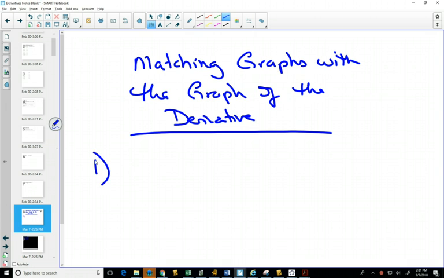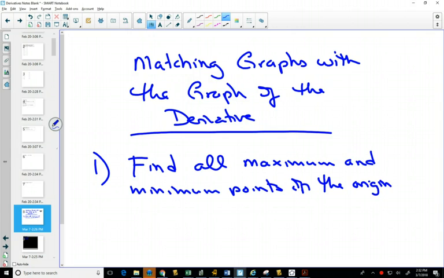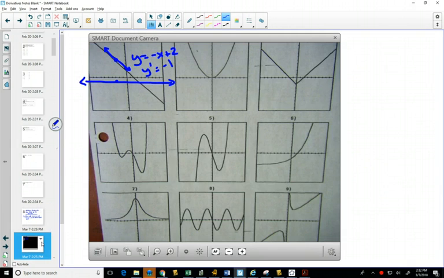So number 1, the first thing we're going to look for is, can we find all maximum and minimum points on the original graph? So I'm looking at number 5 here.